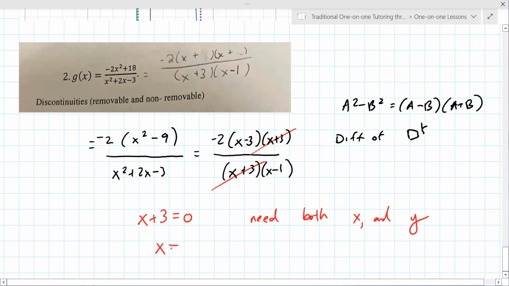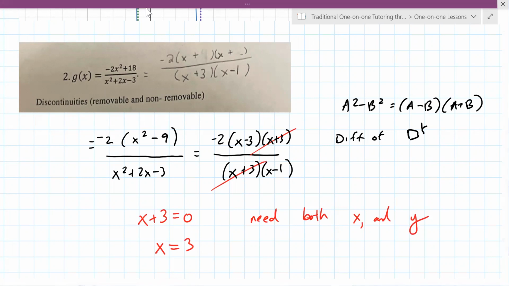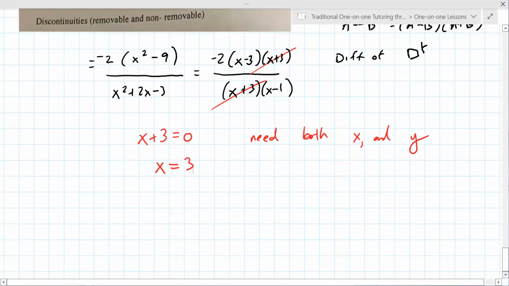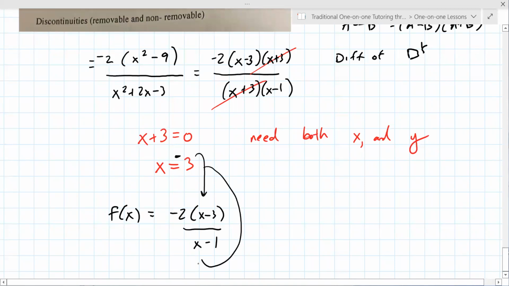So we know that x is -3, solving for x, and then you use the reduced form. So you're like, all right, my new f of x is -2 x minus 3 over x minus 1, -3. And then to find the y value, you take that -3 and put it in for x.